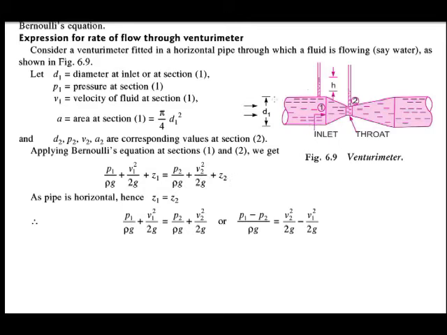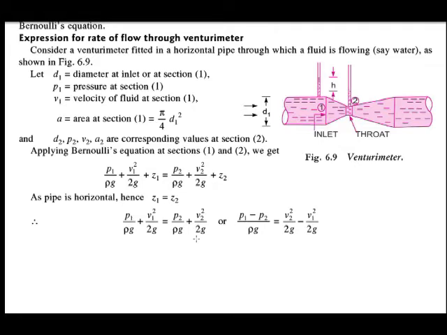Here the pipe is horizontal, which means the datum head Z1 is equal to Z2. Then the above equation becomes P1 upon rho g plus V1 square upon 2g is equal to P2 upon rho g plus V2 square upon 2g.